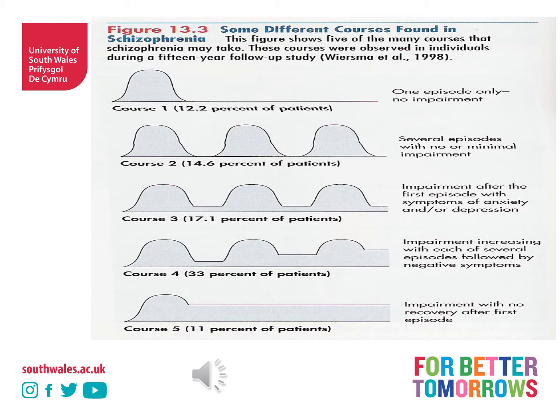In time course 2, there are 3 separate incidences of impairment and illness, but in between time the individuals are well. Time course 3 shows that with each subsequent impairment and episode of illness, the patient is never quite back to normal functioning. Please study this chart very carefully.